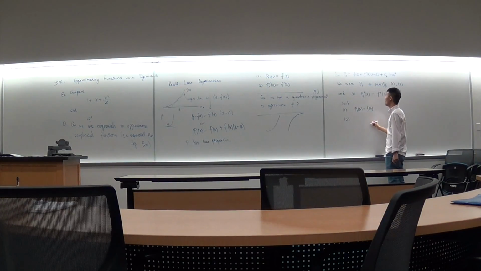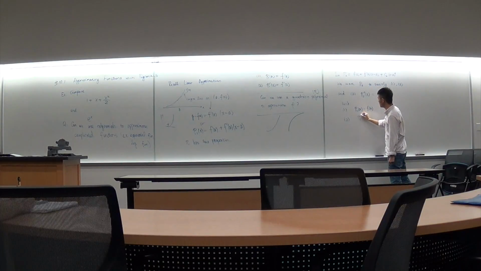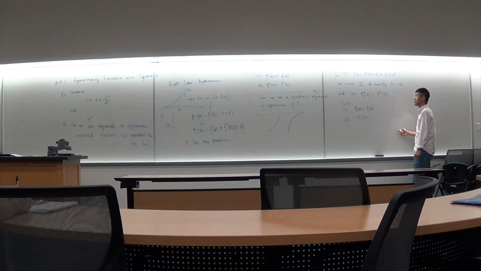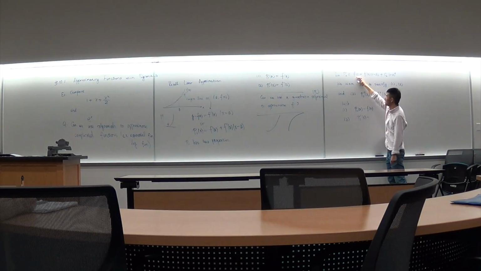Second one: let's look at the first derivative of P2. So P2 prime is equal to what? By the way, P2 is a function of x, and all the other things are just numbers, constants. If we take the derivative, that's gone. Now what's the derivative of this term?